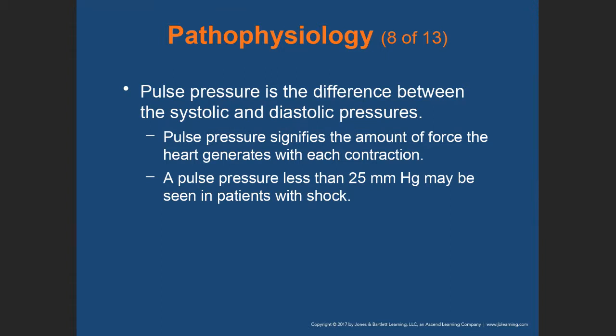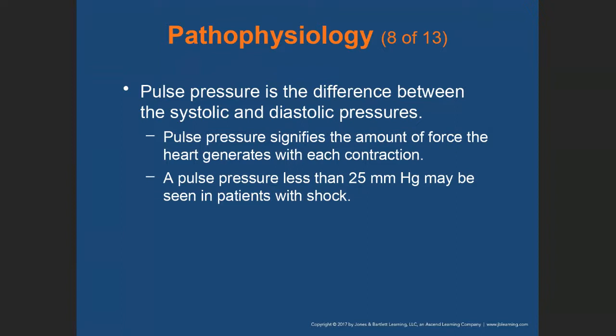If it doesn't stretch very well, it cannot fill with enough blood to push that blood to the peripheral areas and the core organs within the body. So the output is going to be low. If a pulse pressure is less than 25 millimeters of mercury, then it's almost guaranteed that this patient is in shock.